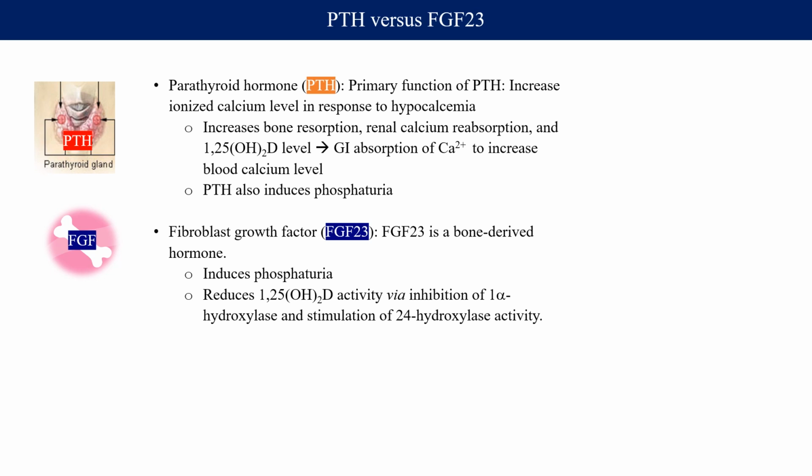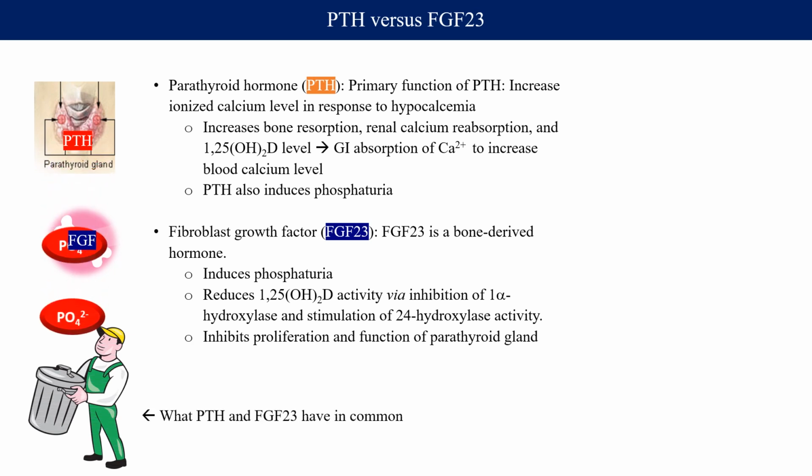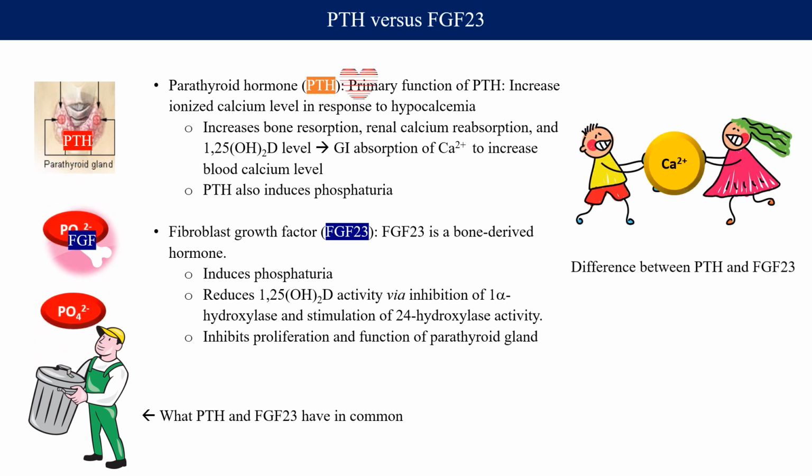Additionally, FGF23 also has an inhibitory effect on PTH. Essentially, FGF23 induces phosphaturia and counteracts the calcemic effect of PTH. The common function for both PTH and FGF23 is phosphaturia. The difference is PTH functions to increase serum calcium when its blood level is low, while FGF23 antagonizes everything that PTH does for calcium.